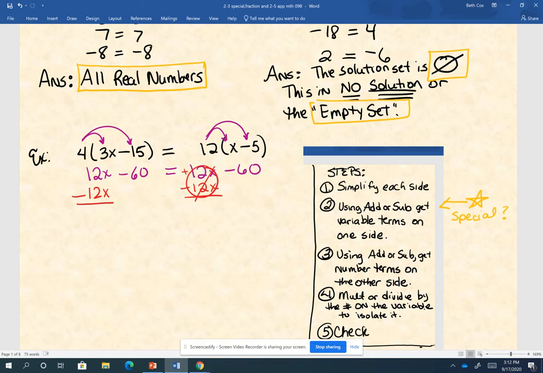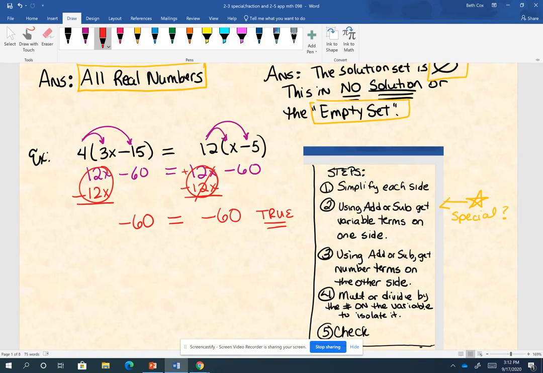Uh-oh, something weird happened. This also is 0. So what I'm left with is negative 60 equals negative 60. True or false? Well, this is true.